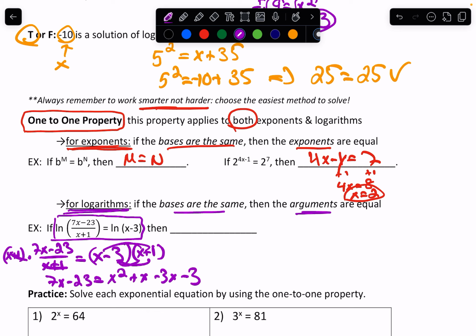Okay, now we're going to combine like terms right here, and move this 7x and 23 to the other side. So minus 7x plus 23. So what do we get? x squared plus x minus 3x is negative 2x, minus 7x is going to be negative 9x.